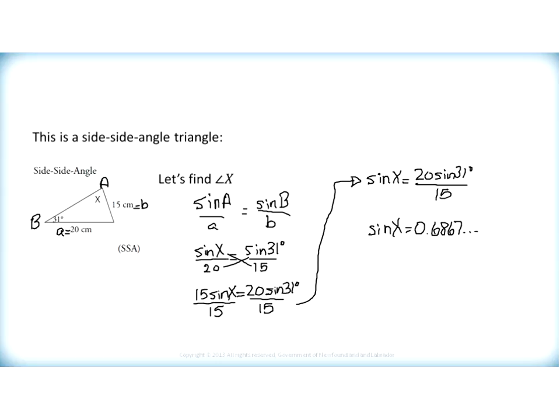Depending on the calculator you use, it's usually a second function button on the sine button itself. So you type in second and then the sine button. I'm going to have x is equal to what we call the inverse sine, sine to the power of -1, of 0.6867.